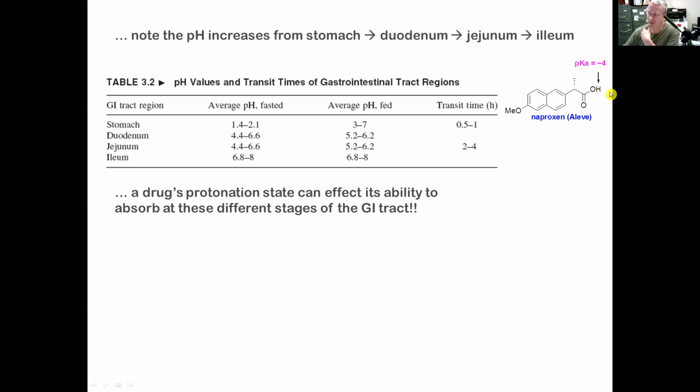Is this protonated or not? For the most part. If the pH is more acidic than 4, then yes, it's mostly going to be protonated, right? What if the pH is 7?